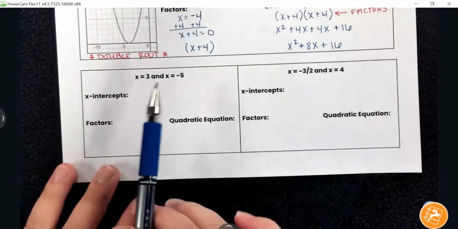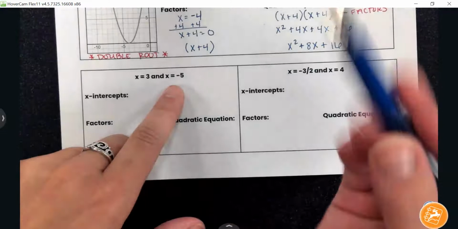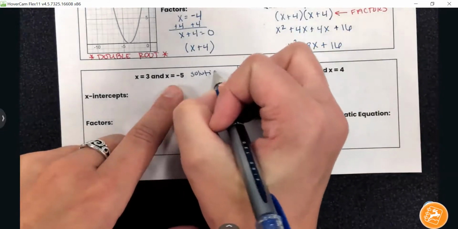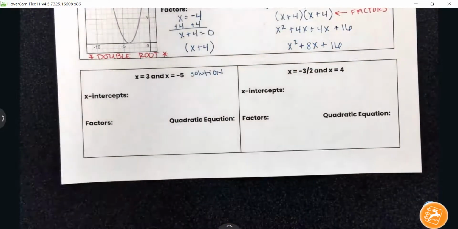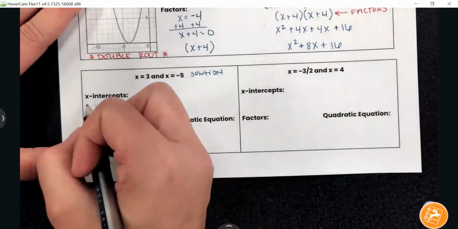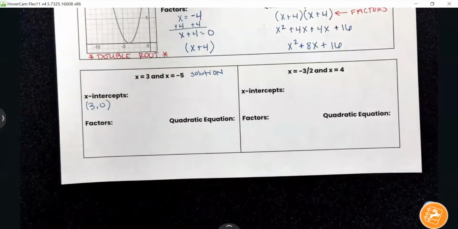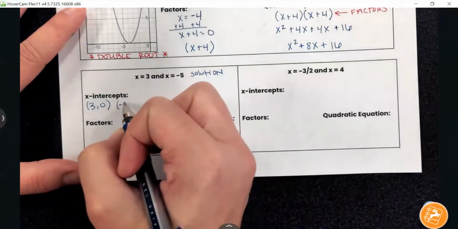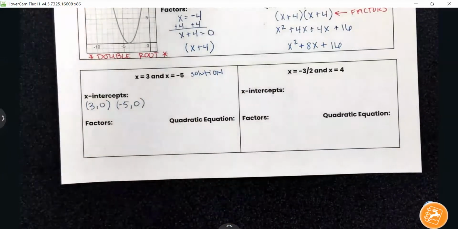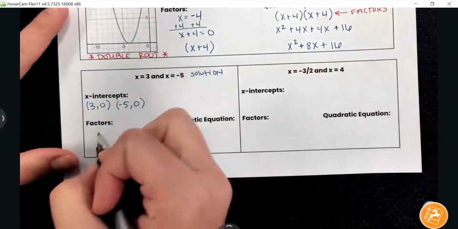So if I have an x equals 3 as a solution, how do I write the first x-intercept? What's it going to say? 3, 0. Very good. What's my second x-intercept going to say? -5, 0. Can you go find your factors for me, please?